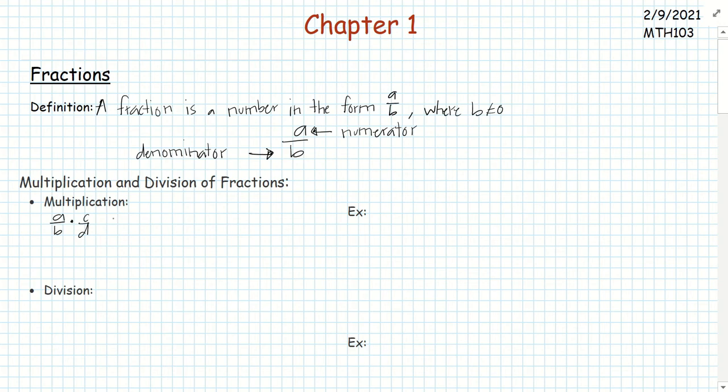When we want to multiply, what the rule says is that we multiply the numerators and we multiply the denominators with each other.